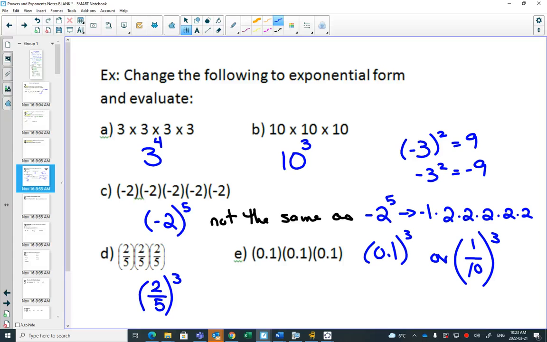It wouldn't need to be in brackets, but sometimes when we have fractions with more than one thing, we would write a fraction in brackets because if I didn't write the brackets, maybe you think it's just the 2 that's cubed. For the decimal one, I'd probably expect you to write it as a decimal just because you were given a decimal to begin with. Okay?